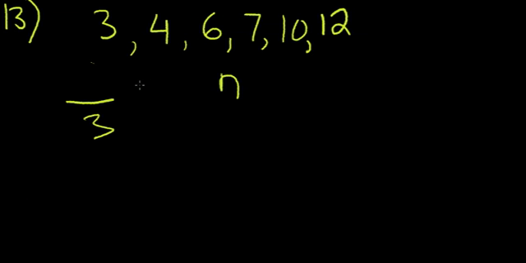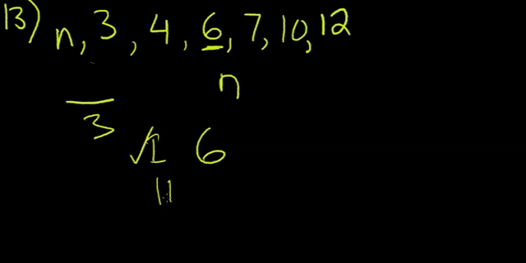Let's say n was added to the beginning. So it's n, 3, 4, and here, 6. So 6 is the middle number here. So 6 is a possible idea. So choice 1 is 6, so that's correct.